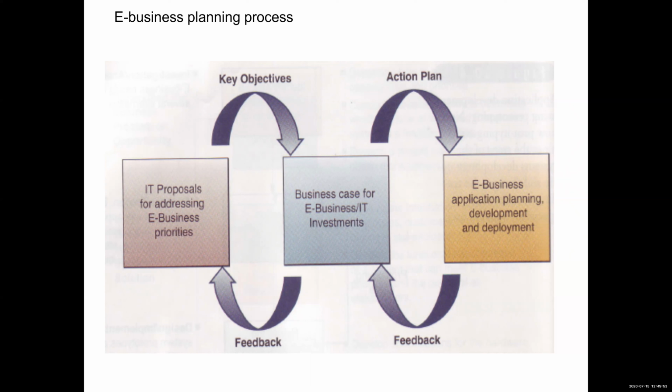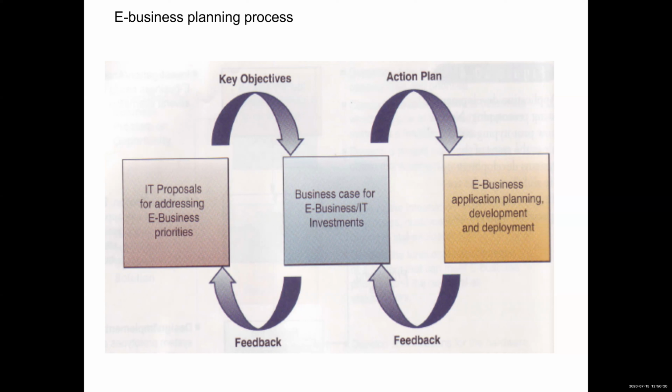Now, if that one meets the board or the department management requirements, then you can go ahead and build the application. If it doesn't, you have to come back to using the feedback process to adjust and improve the key objectives to ensure that it makes business sense.